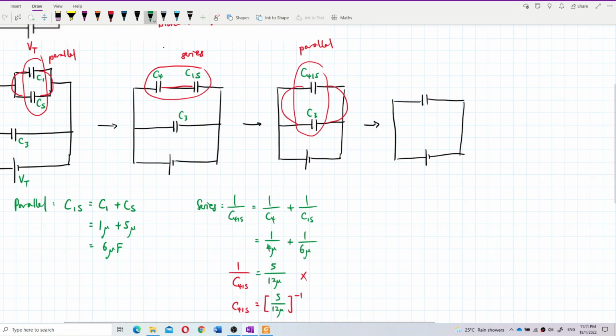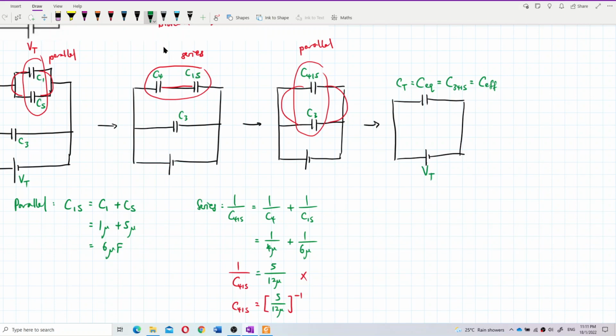After they connect, they form the C equivalent. You can say C total or C effective, and this is the V total.